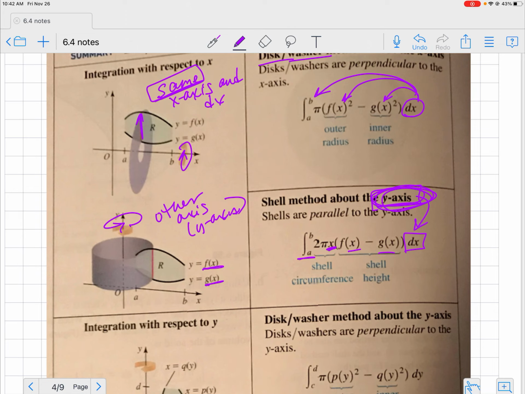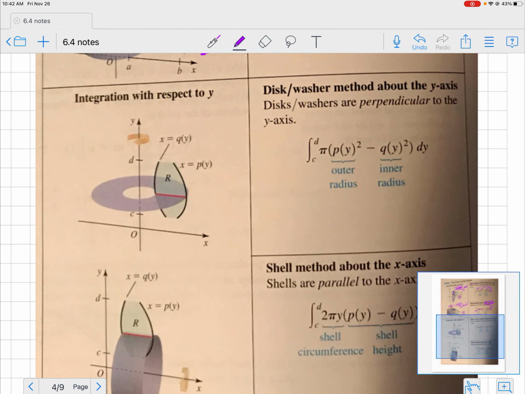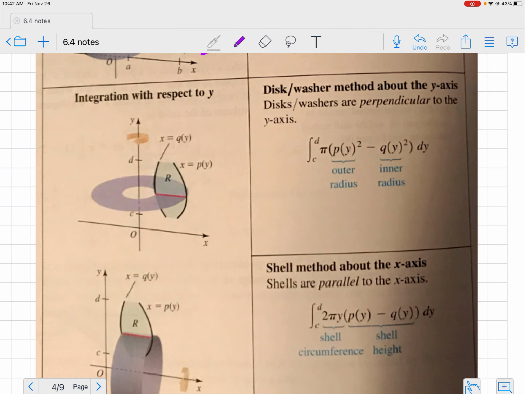If you have the washer method, the disc method, those are the same axis and same differential. If you can set that up, that's what you want. Same thing happens here. If I'm going around the y-axis, my differential for the disc washer method is going to be around that same axis.